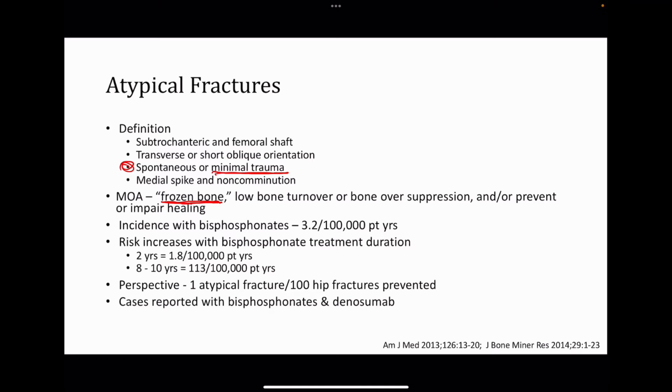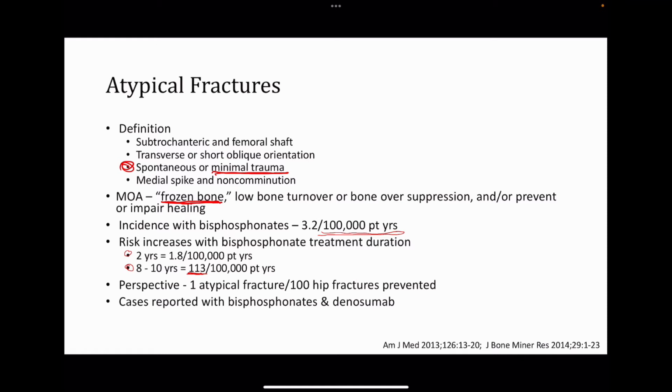The incidence with bisphosphonates is 3.2 per 100,000 patient years. This incidence will increase depending on how long they have been on the medication, similar to the osteonecrosis of the jaw. So as you can see here, when you're comparing 2 years versus 8 years, the incidence is much higher. Now, you have to put this in perspective. Bisphosphonates are helpful.